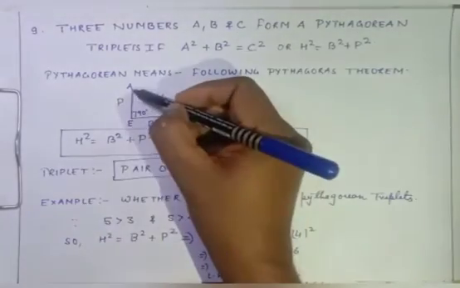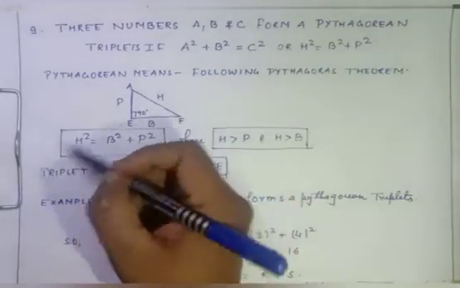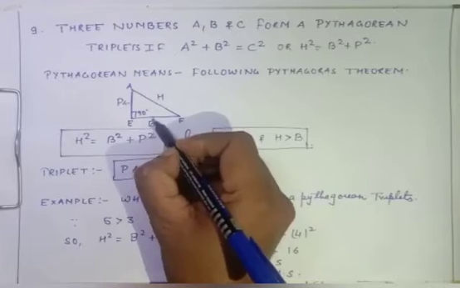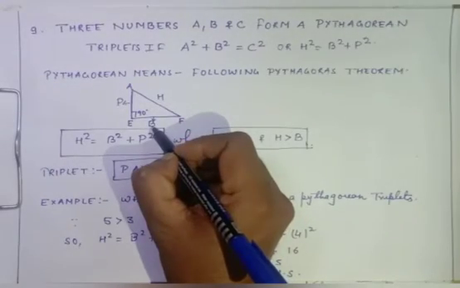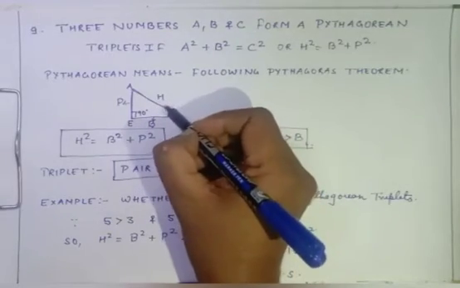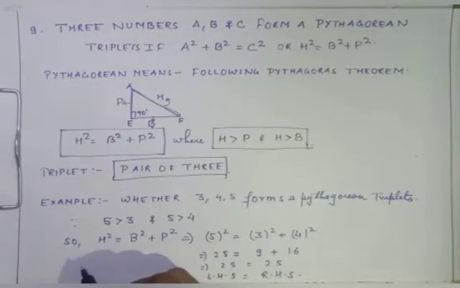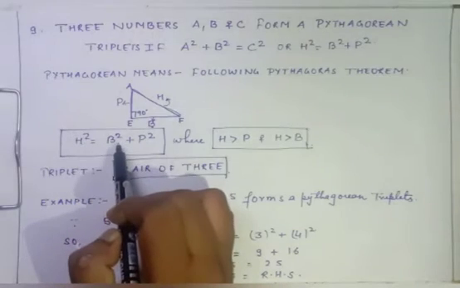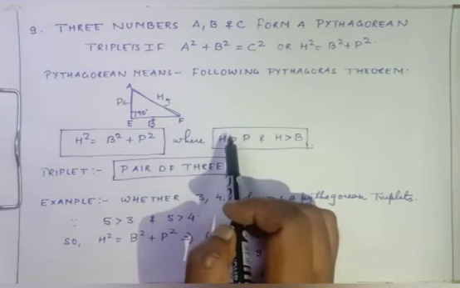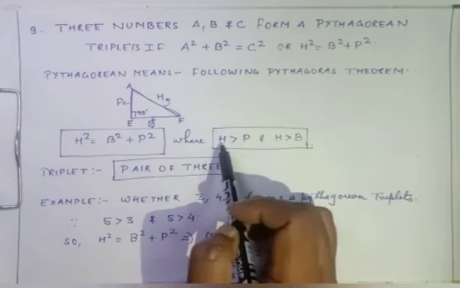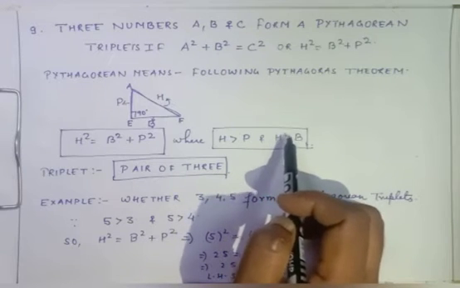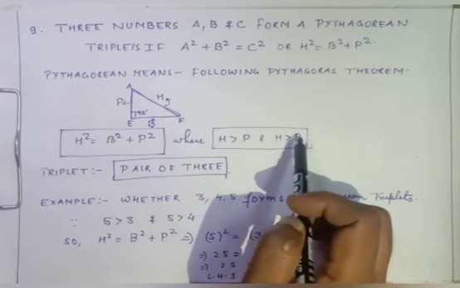Over here this is the perpendicular, denoted by P. This is the base, denoted by B, and this is the hypotenuse, denoted by H. Now H square is equal to B square plus P square, and there is a condition over here: hypotenuse is greater than perpendicular and hypotenuse is greater than base.